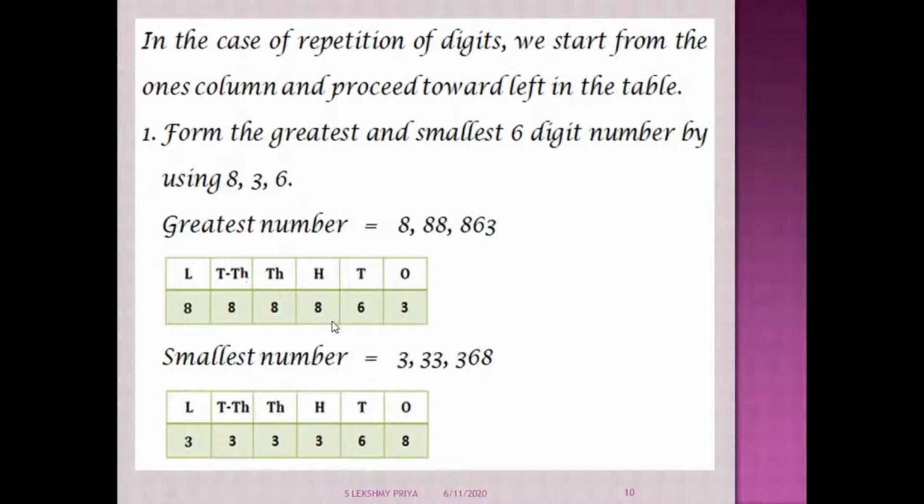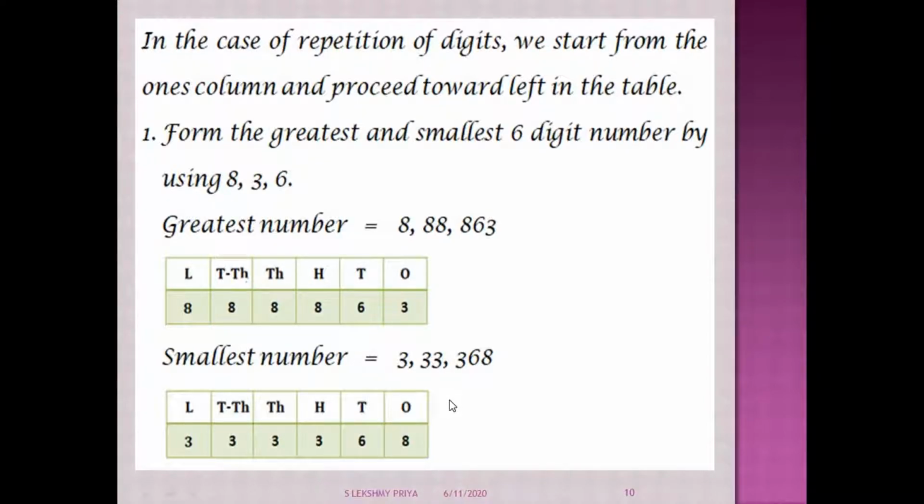So to form the greatest number, we start with the least digit in the ones place, then towards the left 6 and 8, and then fill the remaining places by repeating the greatest digit. So it is 8,88,863. Did you understand? Okay.